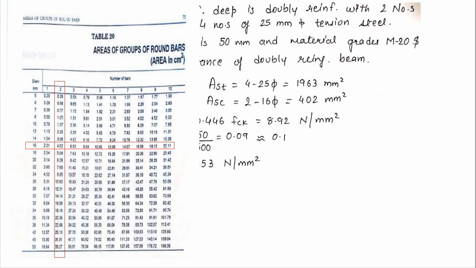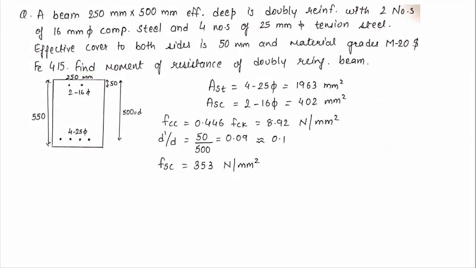Now moving forward, the first step will be to find FCC and FSC. So for FCC the equation will be 0.446 FCK, and here it comes out to be the value 8.92.